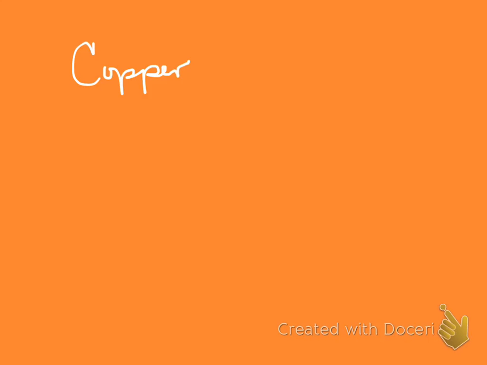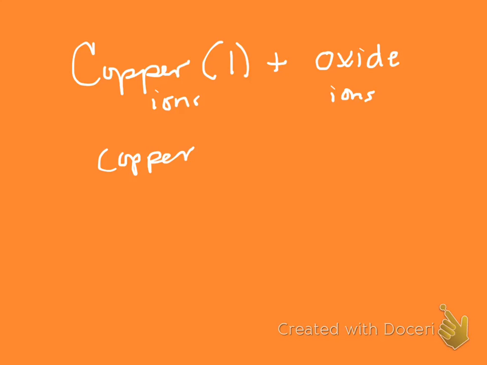Let's see, I give you a compound composed of copper 1 ions plus oxide ions. This compound is called copper 1 oxide. Okay, great, easy.